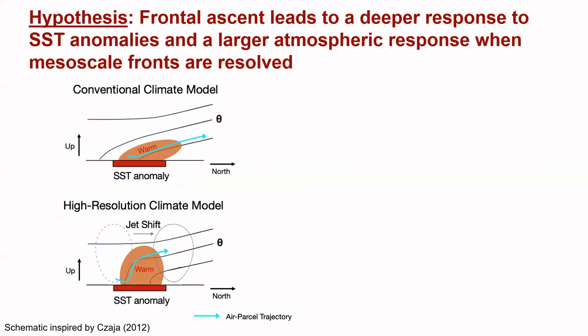Based on this and some other work, which I'll show in a second, we've developed the hypothesis that with increased resolution, you can have the SST anomalies in mid-latitudes increase going higher into the atmosphere because there's frontal processes resolved, and this might help the atmosphere respond more to decadal SST variability.